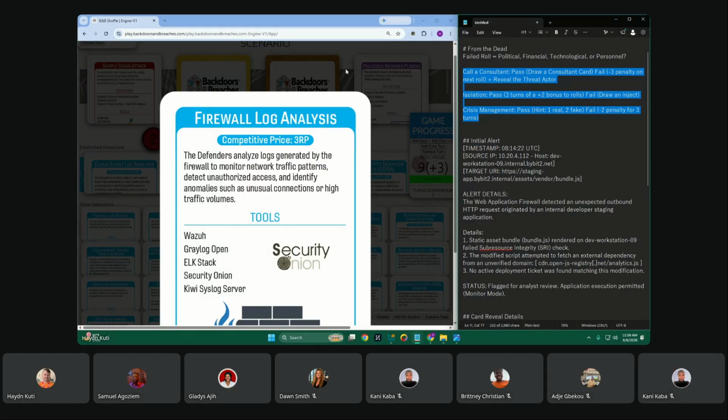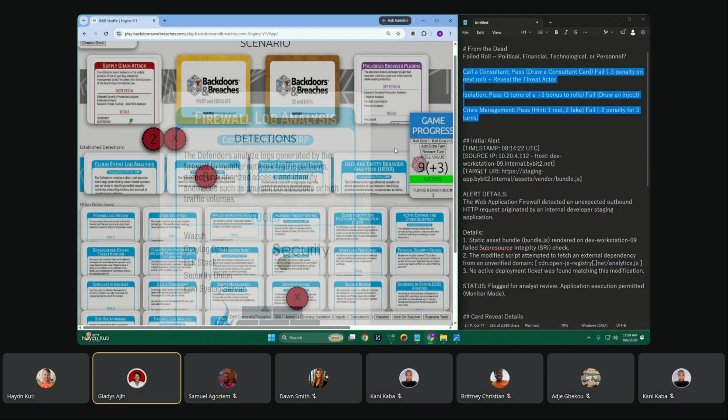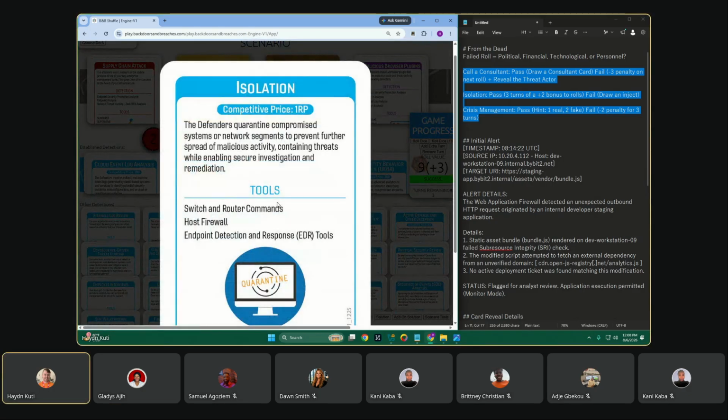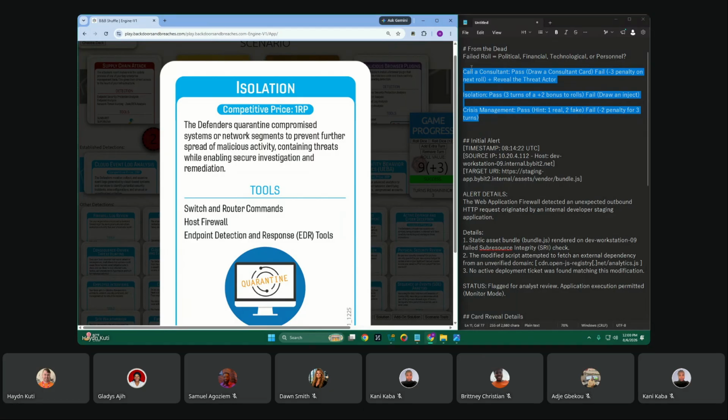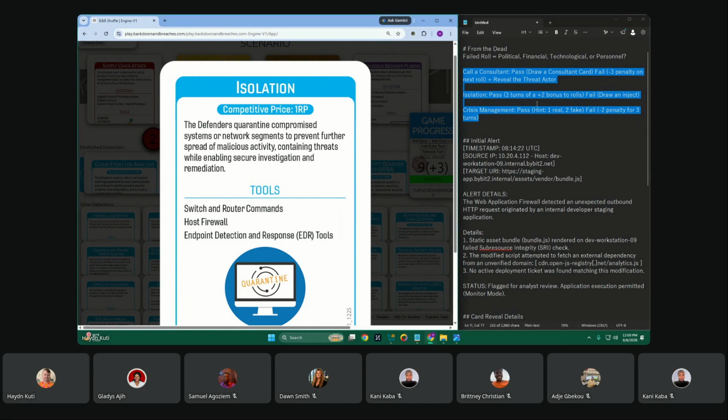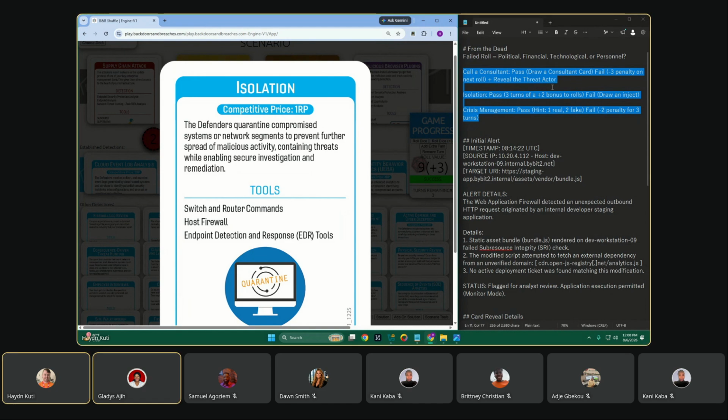All right. Do you guys have a card for that? What is the card called? There's literally an isolation card, but there's no detections as far as I've seen. There's no cards that this can detect. Same with Call Consultant and Crisis Management, which is why I added my own effects to the cards.